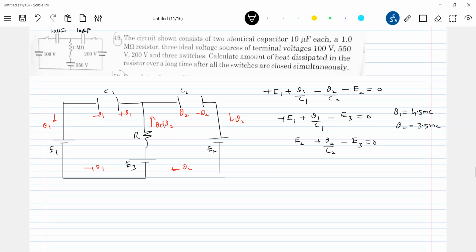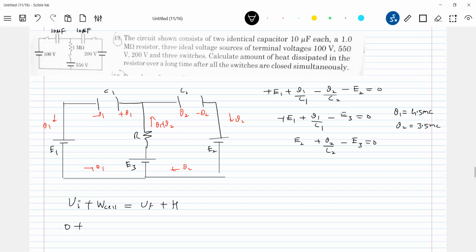Now, what about the heat generated? Work done by the cells. Initial energy in the circuit: initially there's no charge in the circuit. So initial energy plus work done by the cells equals final energy of the circuit plus heat generated. There's a formula. Initial energy in the circuit is 0.